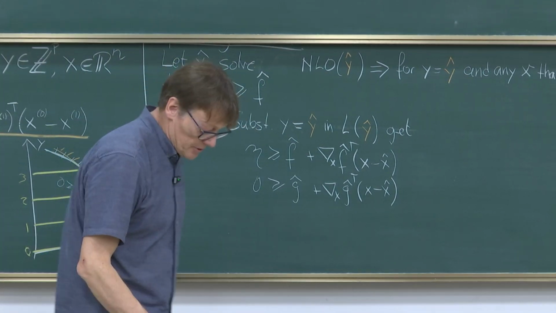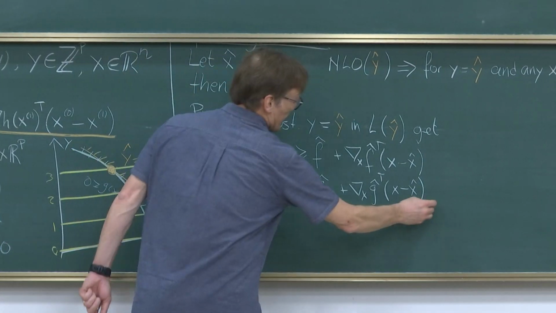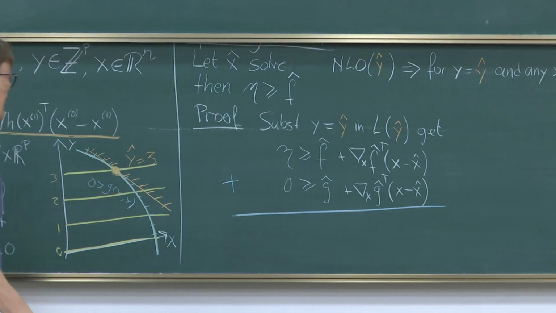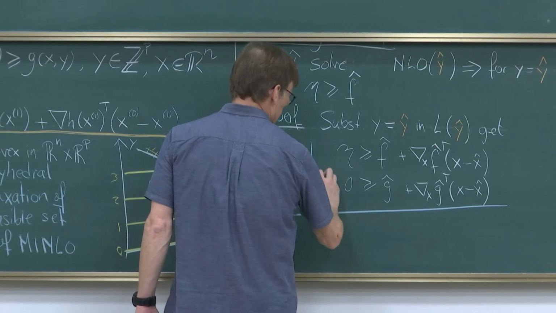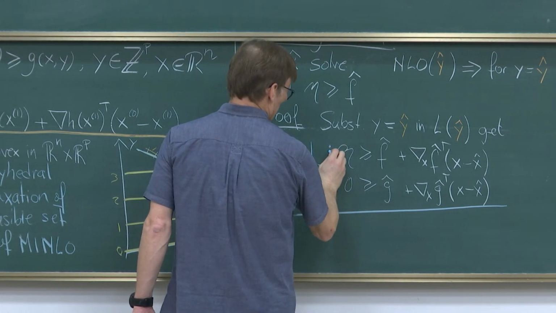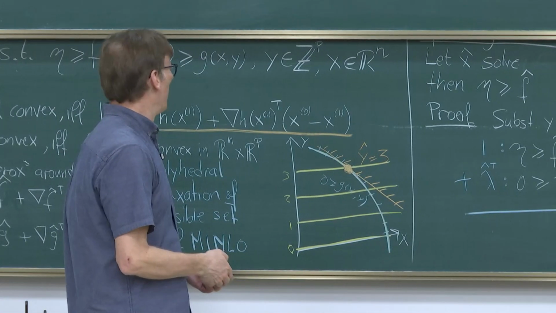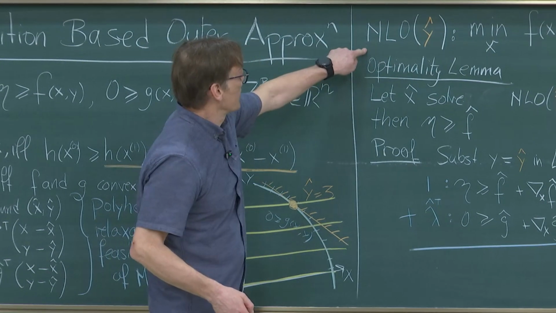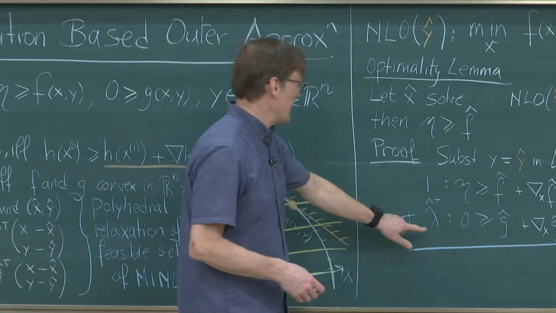And then I'm going to do a trick. I'm going to now sum these two constraints. I'm going to add them up, and I'm going to weight. So the first one, I'm going to take a multiplier 1, and here I'm going to take the multiplier lambda hat, which is the optimal multiplier of solving my nonlinear optimization problem that we had up here. So the nonlinear optimization problem here has a solution that's x hat and lambda hat.